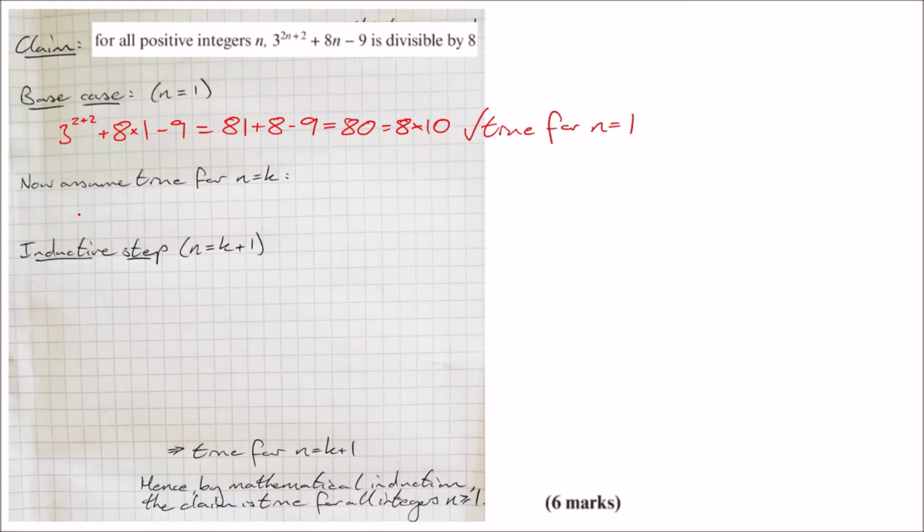Now I'm going to write out the thing that I'm assuming. I'm assuming that when we put k in here, minus 9, that is a multiple of 8. So it's 8 times something for an integer. There we go.